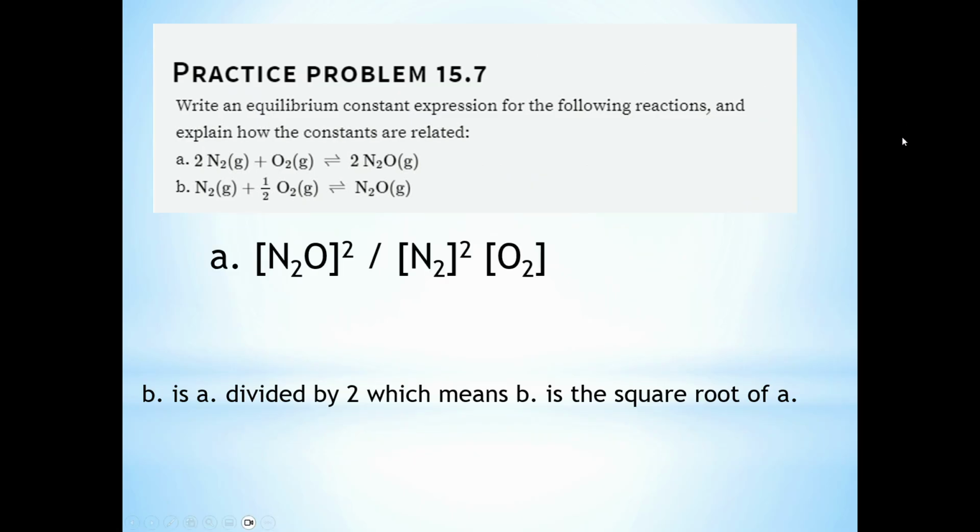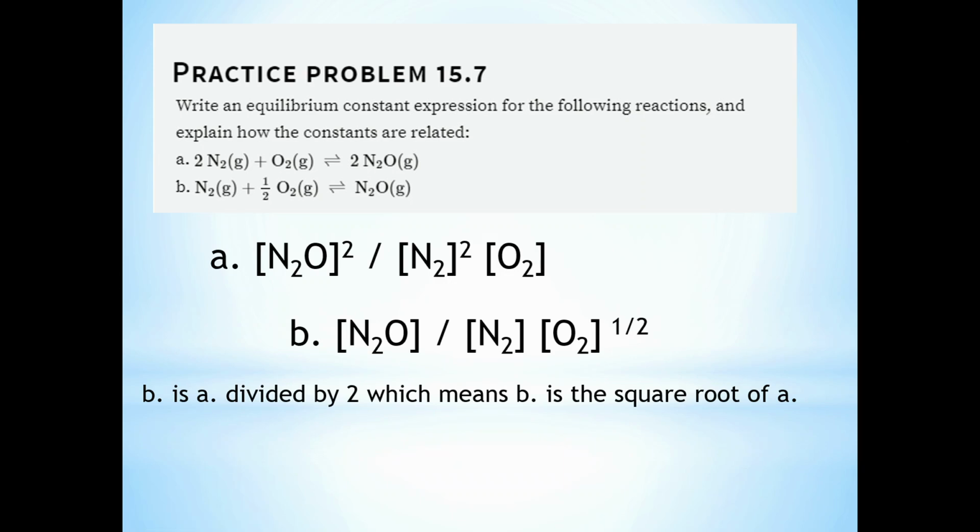Now, to get from A to B, I divided by 2. So I'm going to take the square root of it. I'm going to take that to 1/2. So dividing by 2 is the same as multiplying by 1/2. So my K value then becomes taken to a power of 1/2, and it becomes the square root of A.